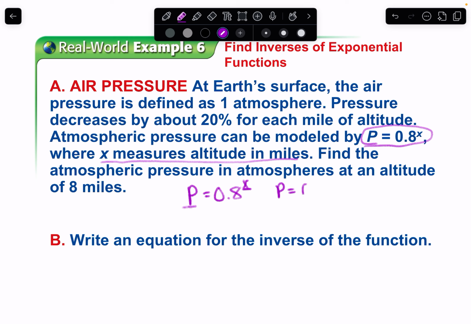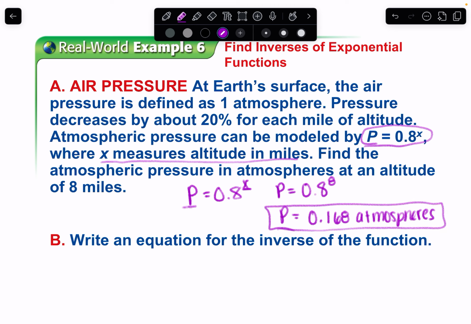So I would do 0.8 to the 8th power. This is something that you are plugging directly into your calculator, not asking you to do this by hand. When you do that, you would get 0.168, and it is measured in atmospheres. So your answer to this question would just be as simple as that.